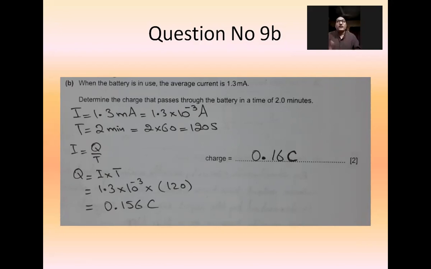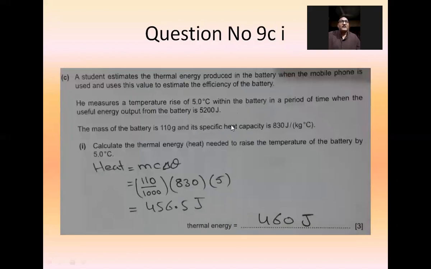If you want to find Q, that will be equal to I multiply T. So the value is 1.3 x 10 to the minus 3 multiply 120, and you will get 0.156 coulomb. If you round it off, it will be 0.16 coulomb. That will be the charge which will pass.